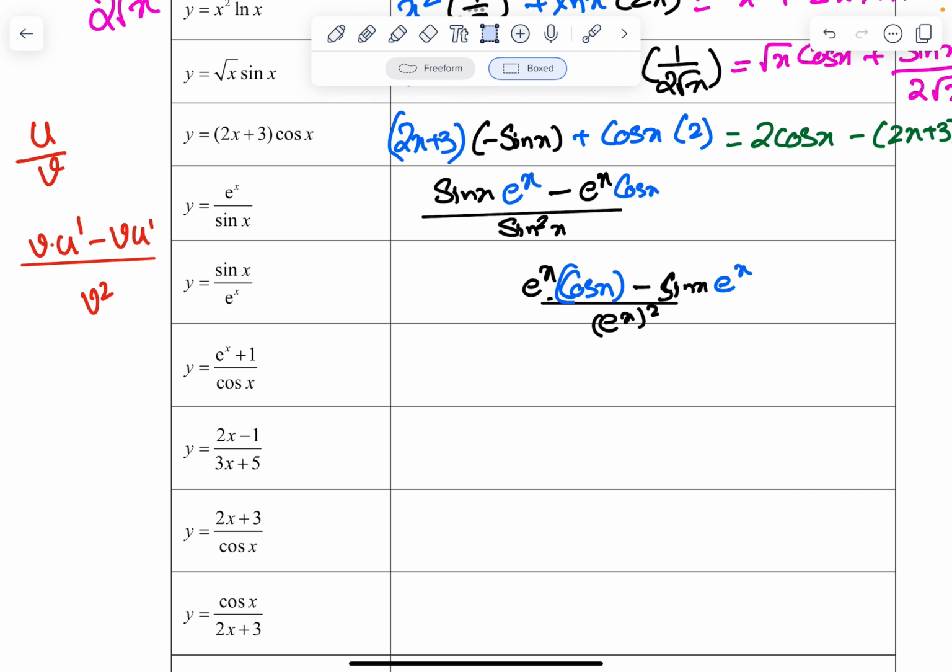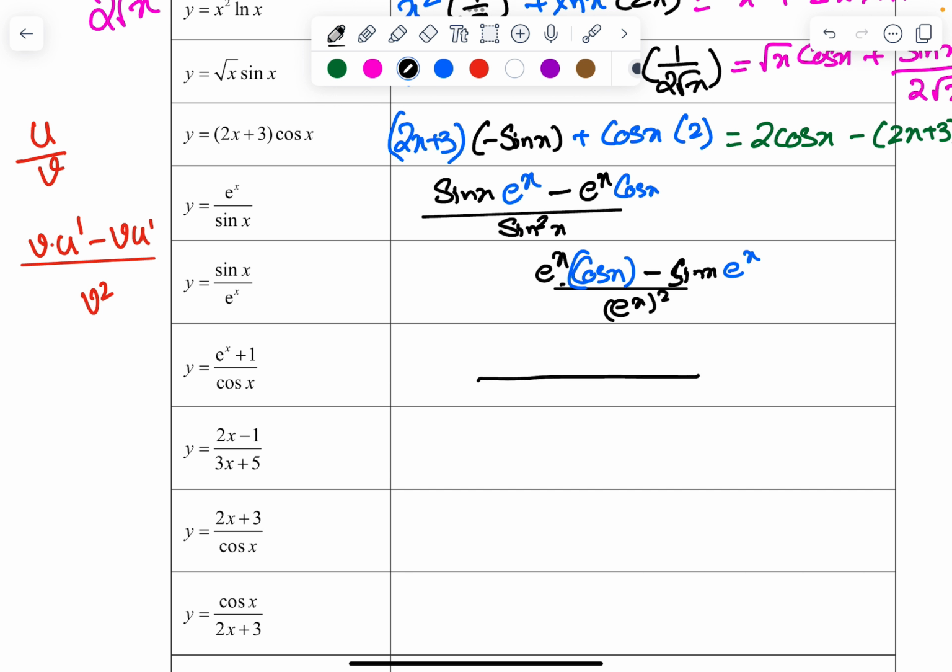Next, cos square x and cos x. E power x derivative is going to be e power x minus e power x plus 1 and cosine x derivative is minus sin x.